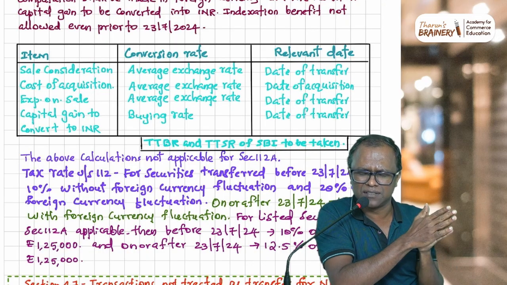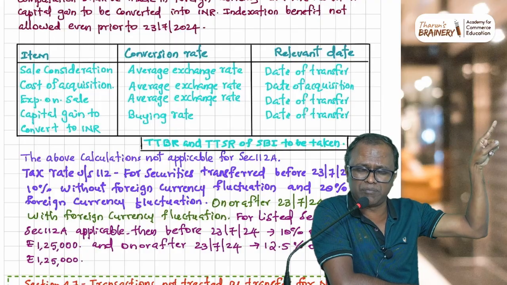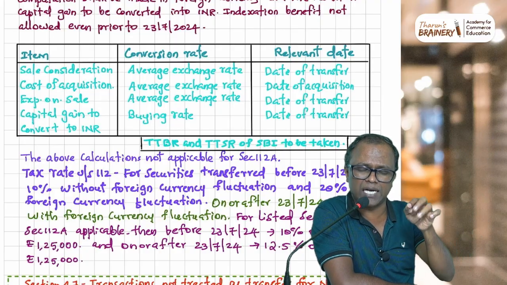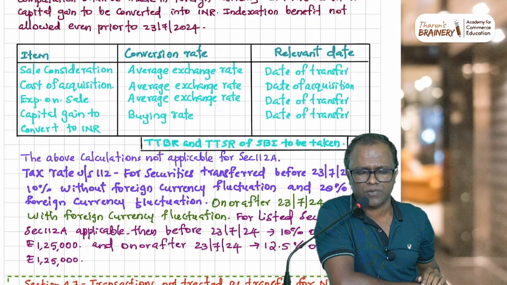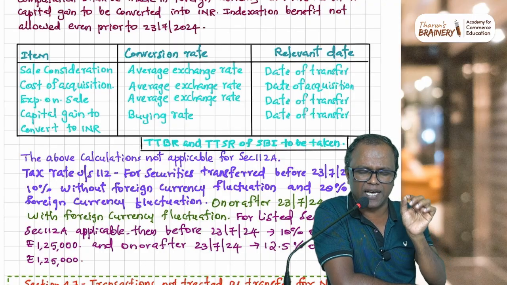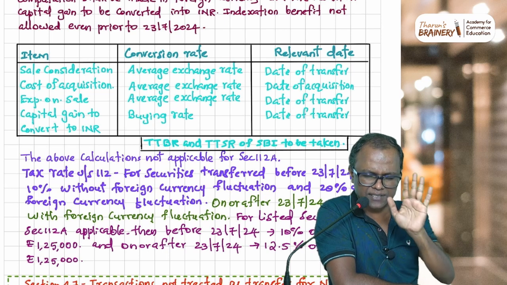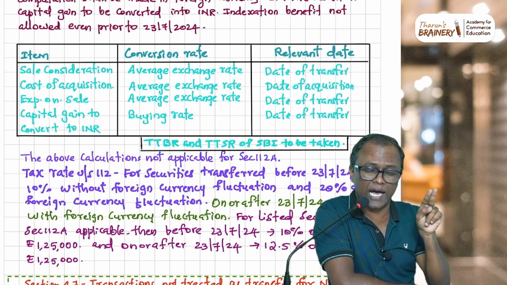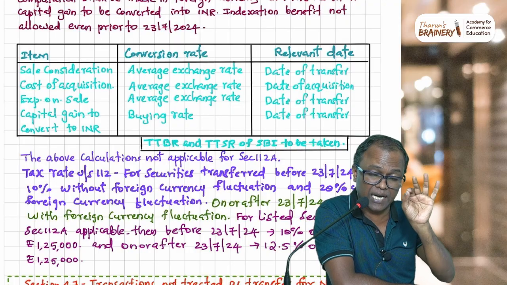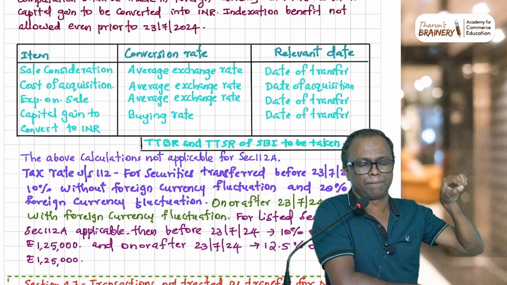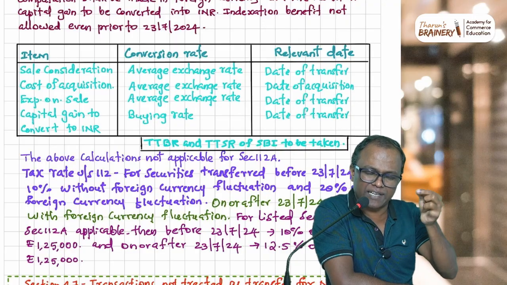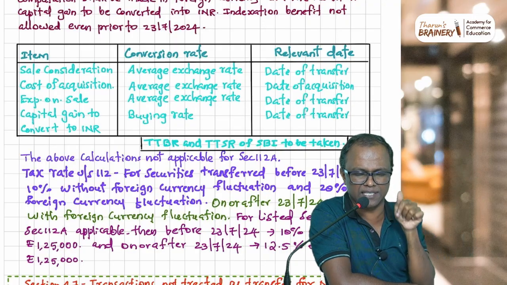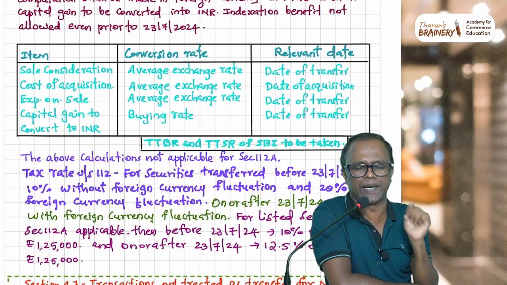Then why is India worried? India is worried because that foreign company's share derives its value substantially from assets located in India. So as per explanations 5, 6 and 7 of section 9(1)(i), if the shares of a foreign company derive their value substantially from assets located in India, then the capital gain from transfer of those foreign company shares will be deemed to accrue or arise in India and accordingly taxable in India.